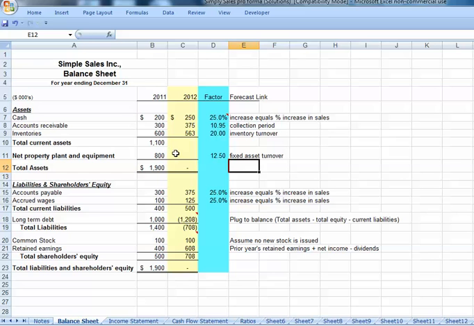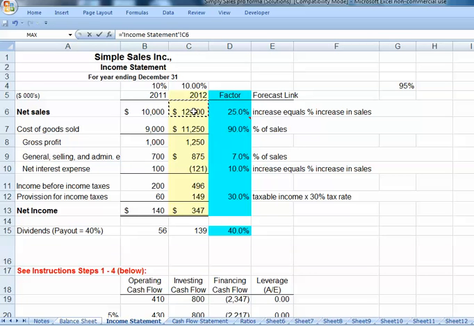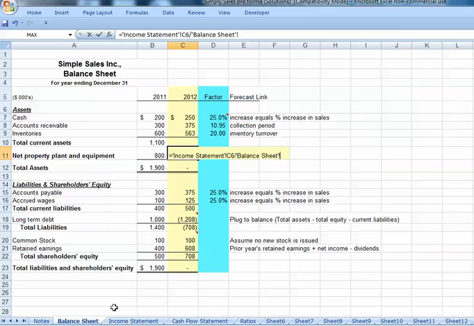And our formula will simply be equal to our sales on our income statement, because fixed asset turnover is sales divided by fixed assets. So we can take sales, divide that by our, again, go back to our balance sheet. And unfortunately, Excel covers up the formula we need. So let's click back over there and then scroll over to balance sheet D11.